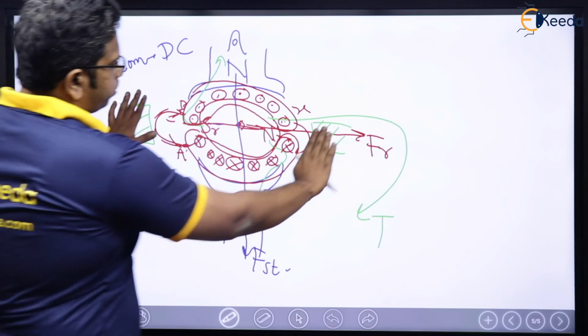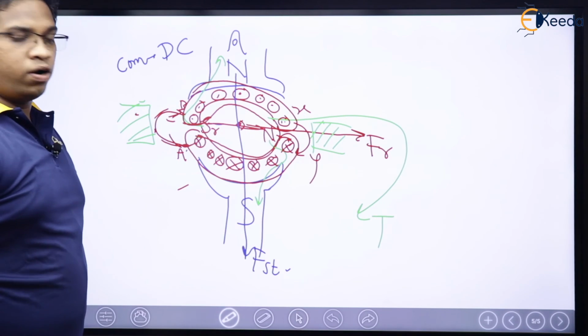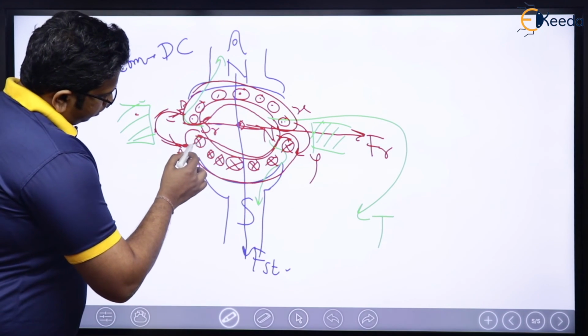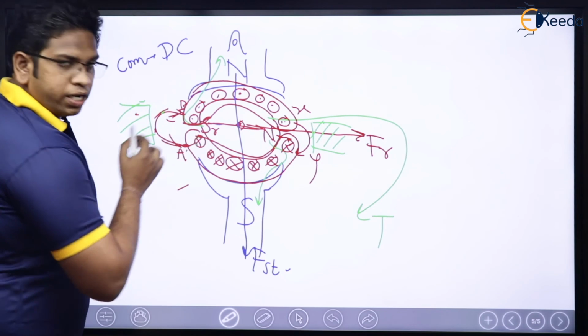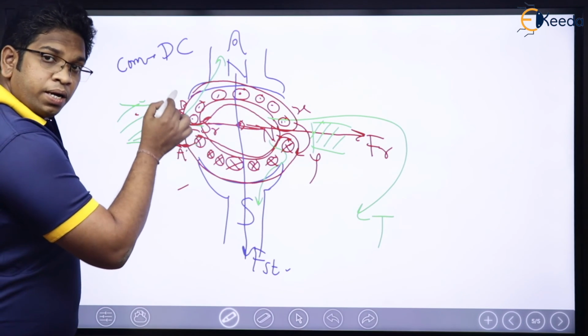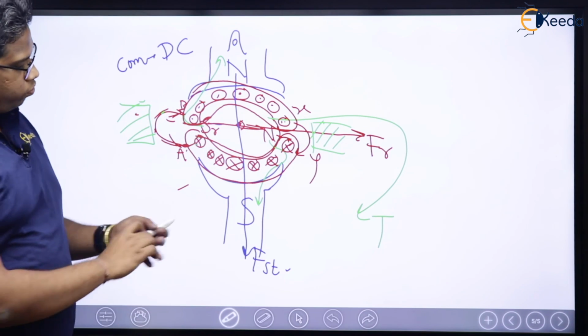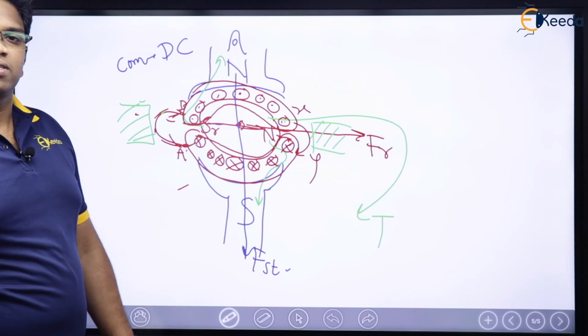If this commutator is not there, what will happen? The A conductor will occupy the position of the B conductor, but it will have cross only. Why? Because you are injecting cross into it.